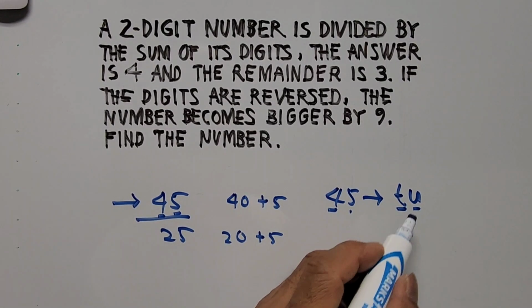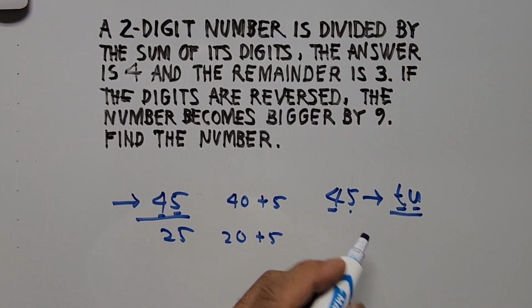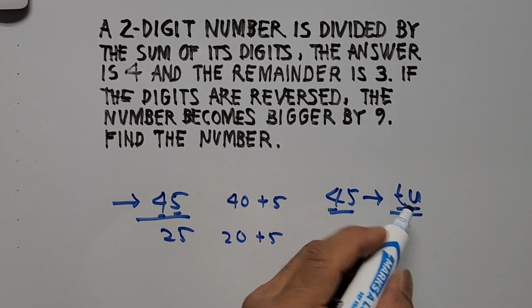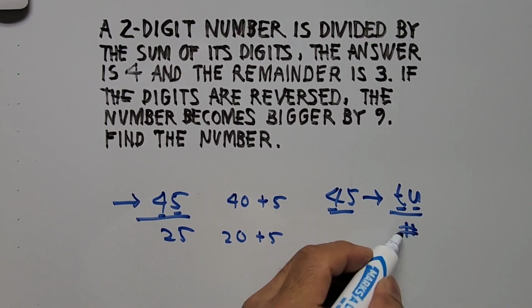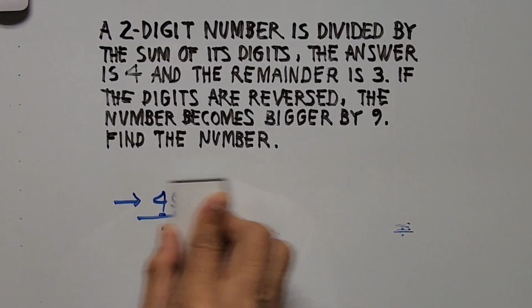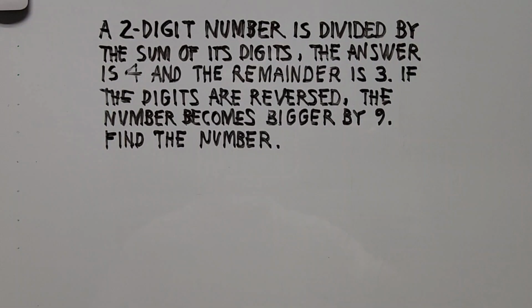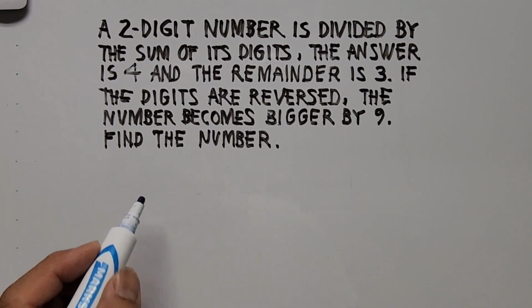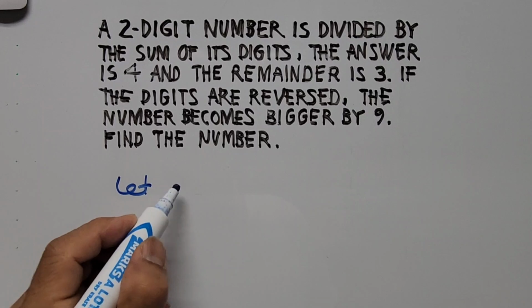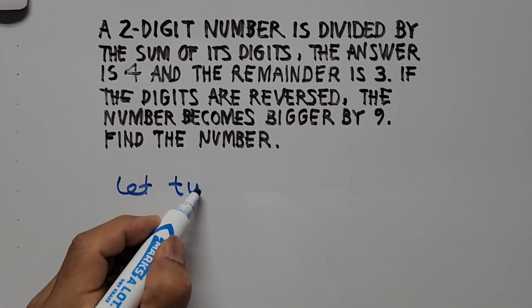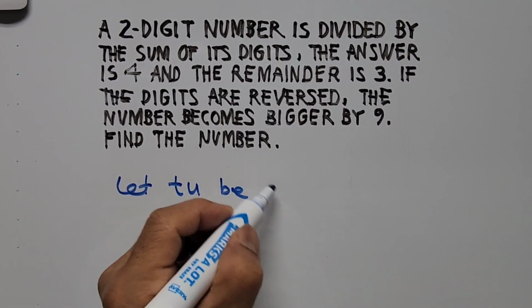And so then TU represents 45. So the letters TU represent the number. And so let's do this then. Let T and U be the number.